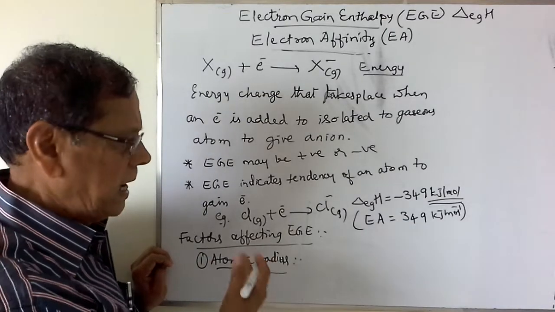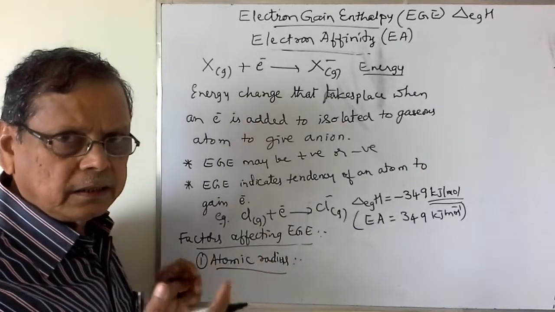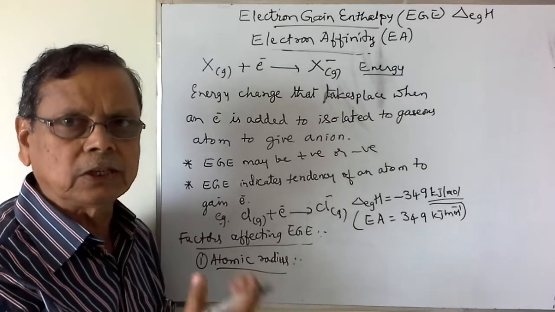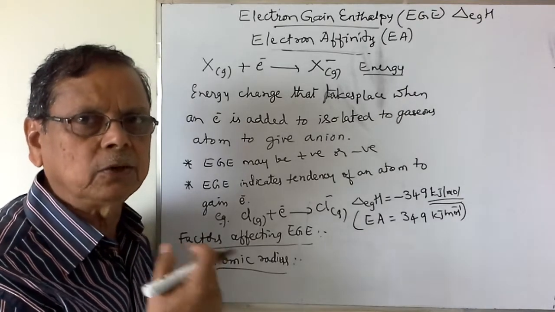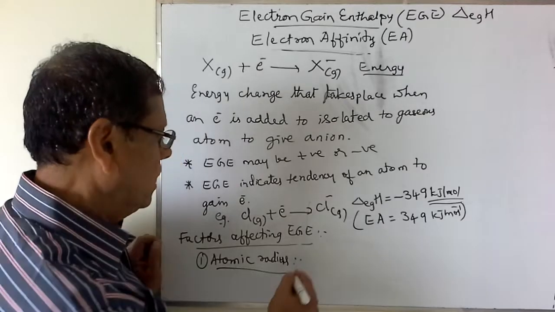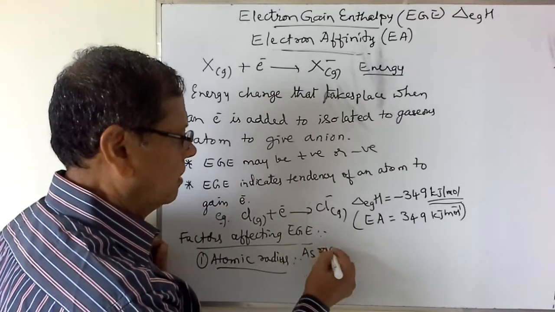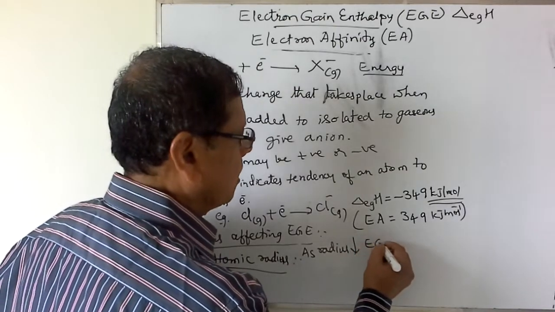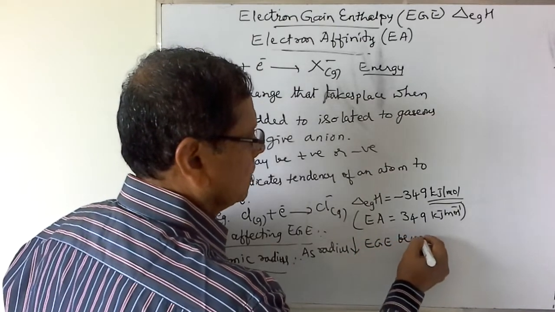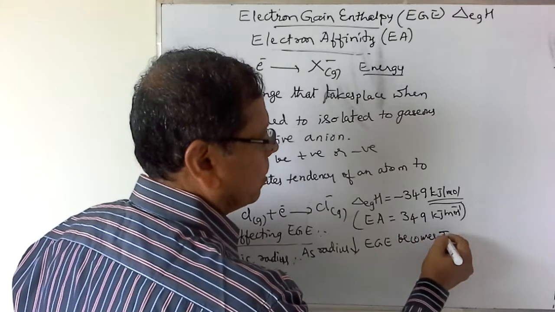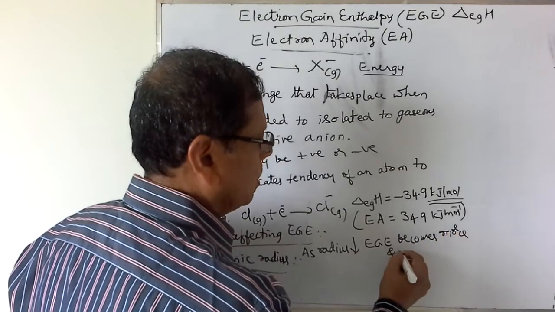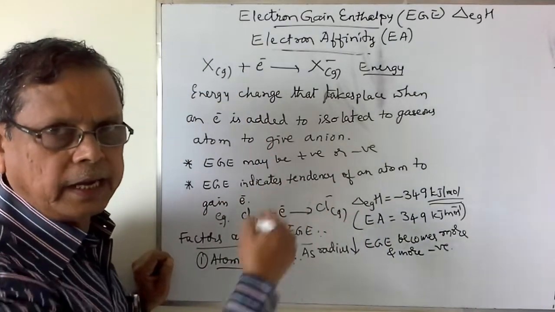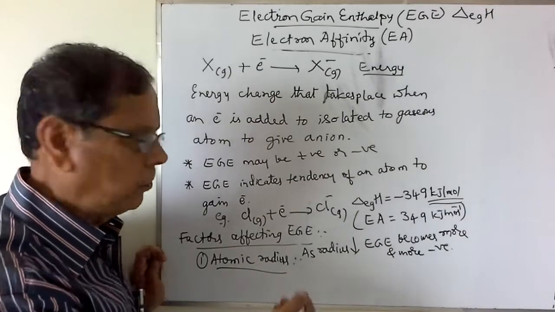It is because as the size decreases, the orbit in which the electron is added is more easily attracted by the nucleus. That's why as radius decreases, electron gain enthalpy becomes more and more negative.